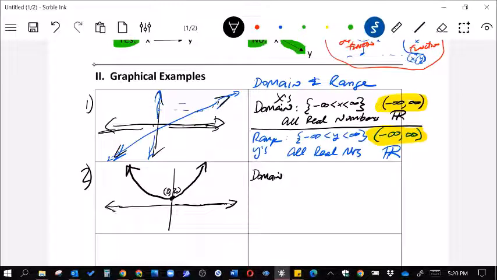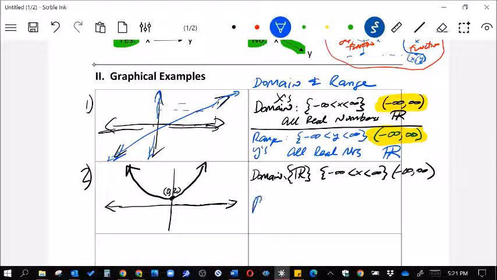It's going to be very much later, but it's going to get there. That means the domain is all real numbers. So it's all real numbers, and I'll use the interval notation.